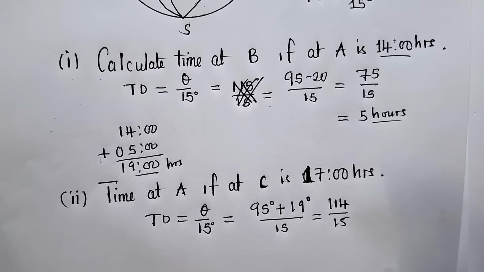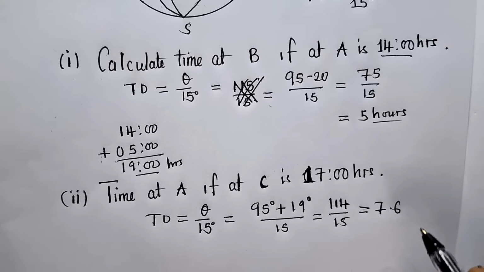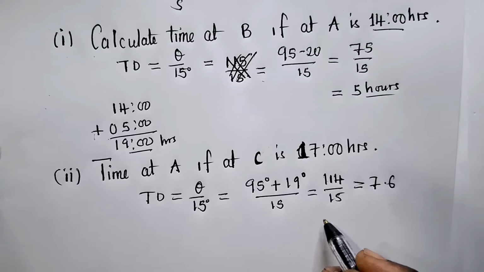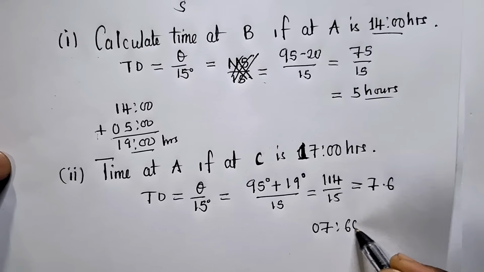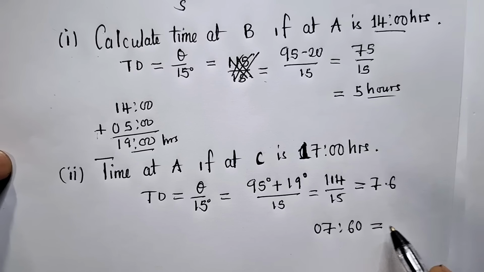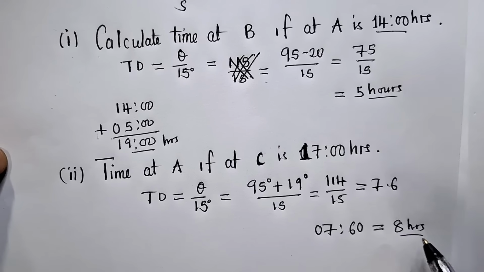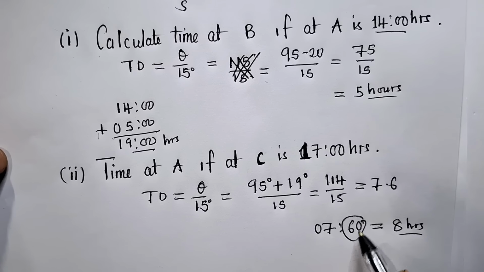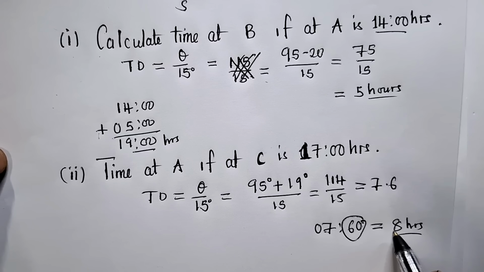And when we divide by 15, it's going to give us 7.6. So this is 7 hours and 60 minutes, which will of course give us 8 hours. So 60 minutes, it's 1 hour. So add this 1 hour to 7 hours, it will give us 8 hours.